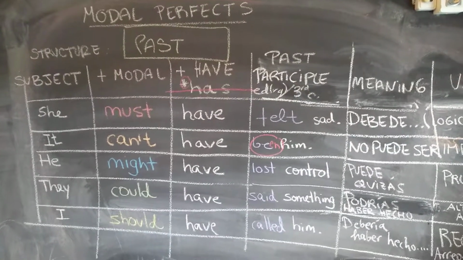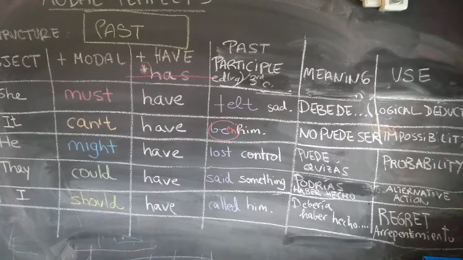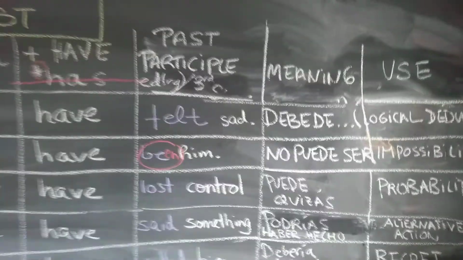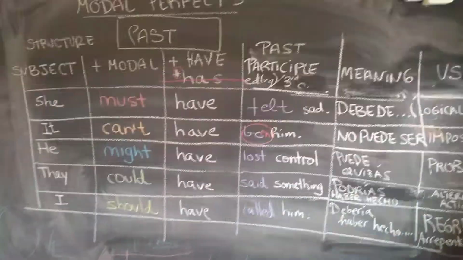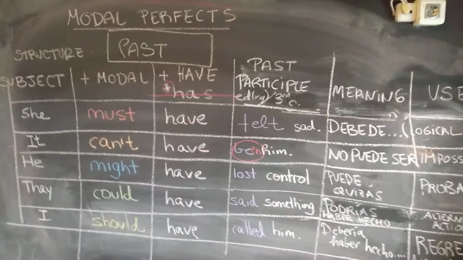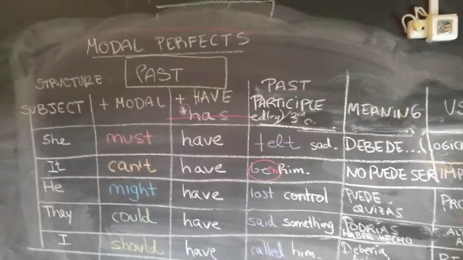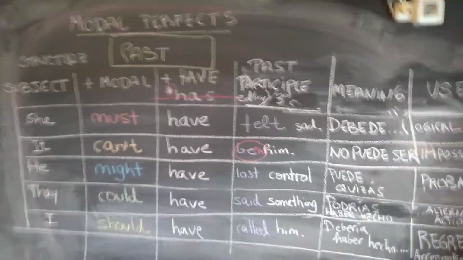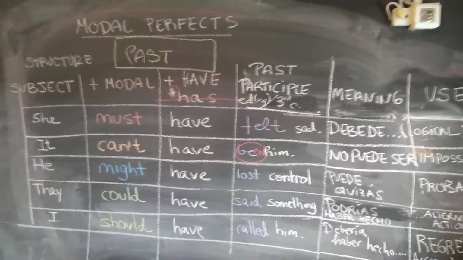Now, let's go with might. We saw might in the other videos. It's used to express a probability or for predictions. This is the translation of might. So imagine that you heard someone tell you that your best friend was shouting yesterday and crazy, and you say, oh, my friend, she might have lost control in the past.